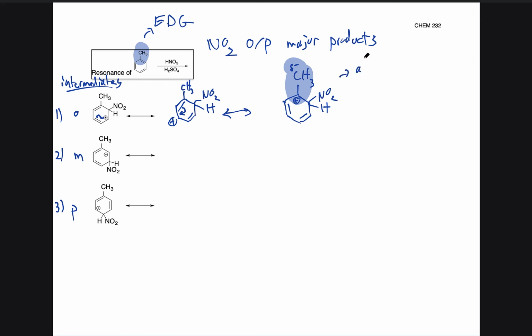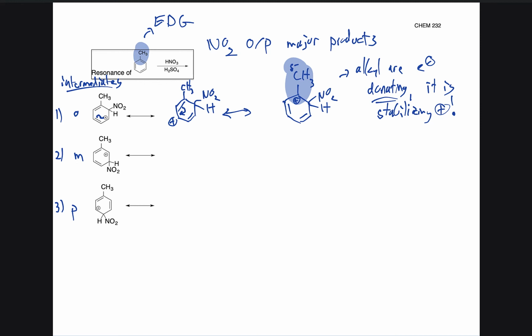Because these alkyl groups are electron donating, it is stabilizing the positive charge. That partially negative carbon is sort of adding its electron density to the positive charge, bringing the transition state energy down. We're lowering the energy, we're getting a faster reaction, okay?